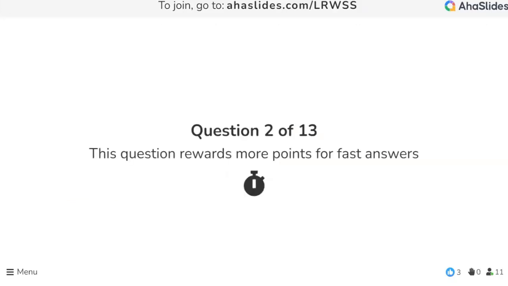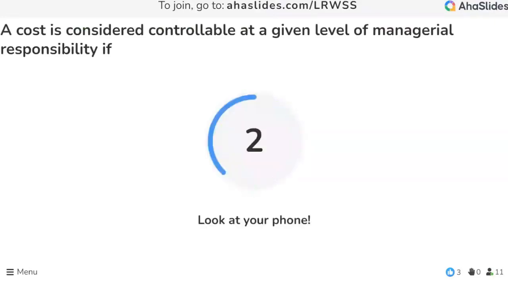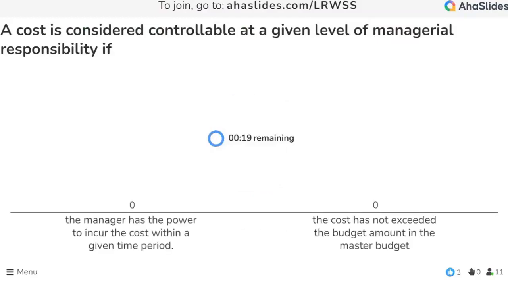Okay, question 2. Cost is considered controllable at a given level of management responsibility if the manager has the power to incur the cost within a given time period, or the cost has not exceeded the budget amount in the master budget.